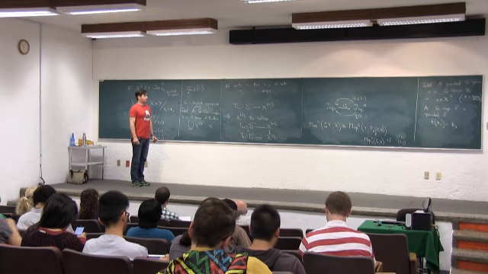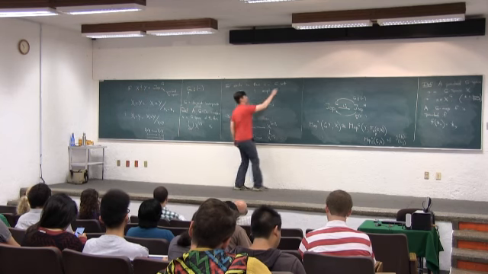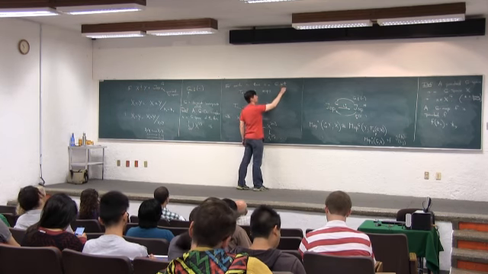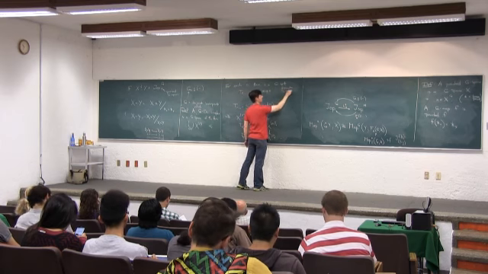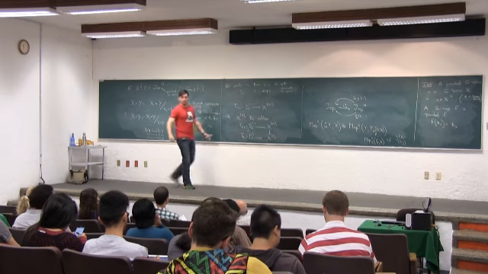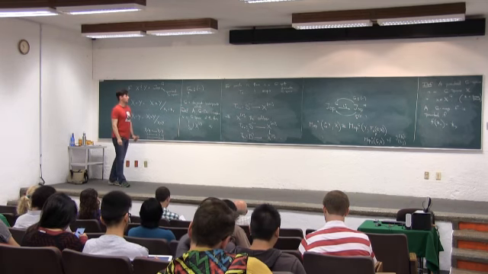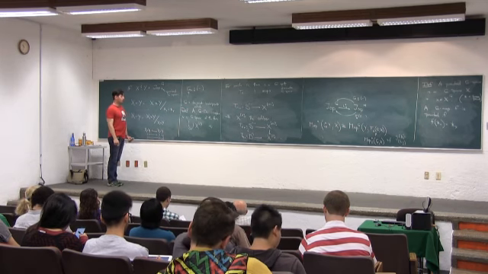What is it? Yeah, so a G set is just a discrete G space. So it's just a set together with an action of G.